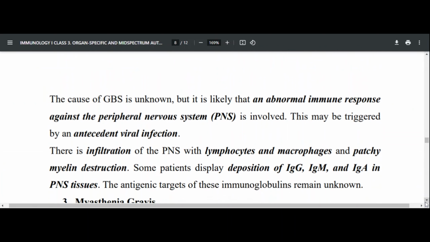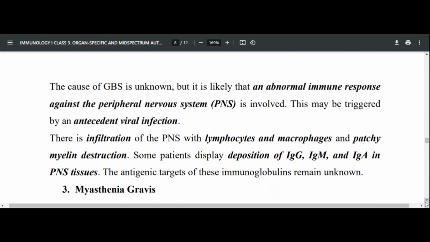The cause of Guillain-Barré syndrome is actually unknown, but it is sometimes associated with other infections, for example, antecedent viral infection. An abnormal immune response against the peripheral nervous system can also trigger it.